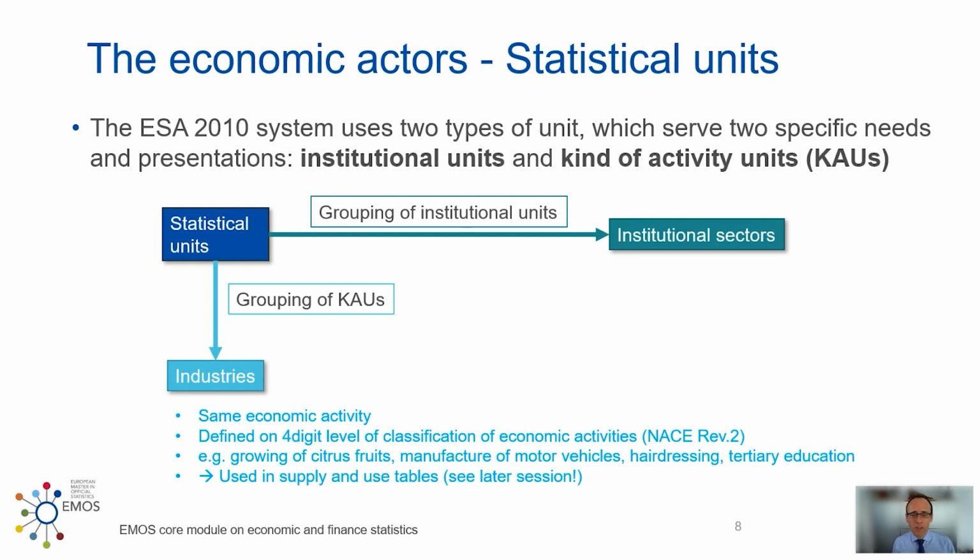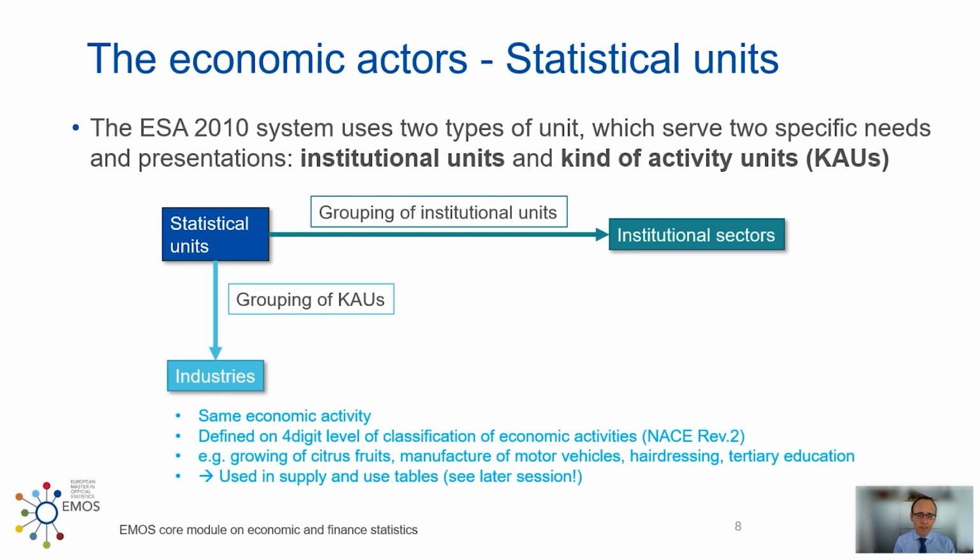This is tertiary education. So you see, this is a whole range of activities. In fact, it covers all economic activities, to be precise, you can think about, and they are defined at that level.